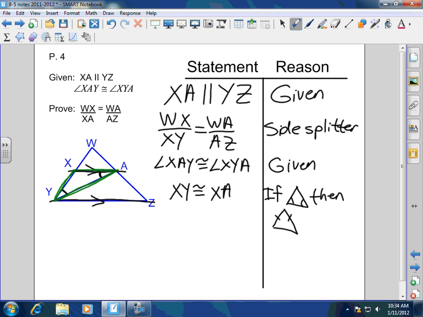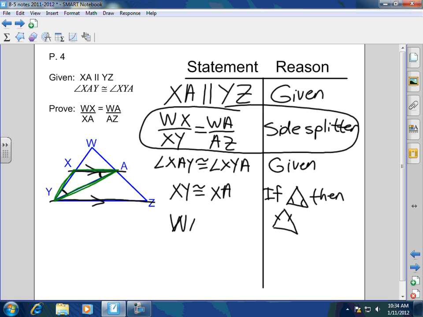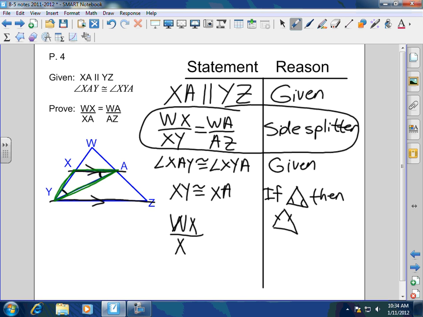Now that I know that XY is congruent to XA, look at step 2 here. Don't I know that XY is the same as XA? So can't I now prove that WX to XA equals WA to AZ, because I heard someone say it, because of substitution.